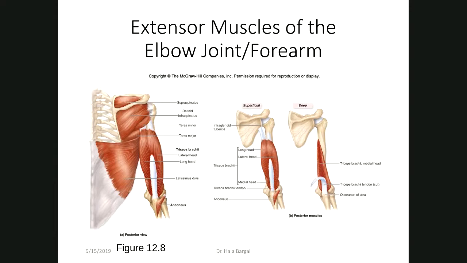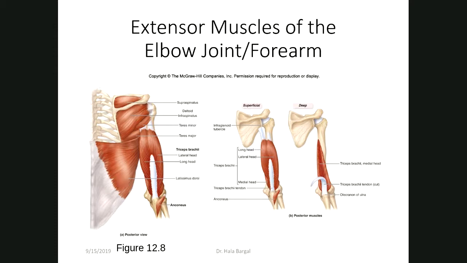As you see, it has three heads: long head, lateral head, and medial head. This is the triceps brachii, a very large muscle with three heads. Each one has its own origin, but all of them are inserted in the olecranon process.